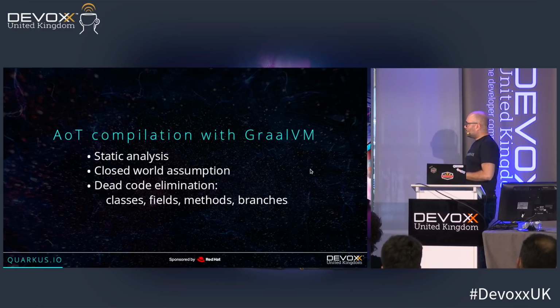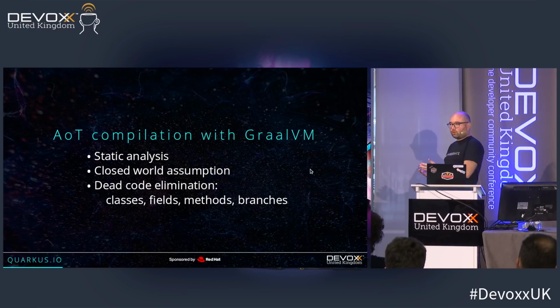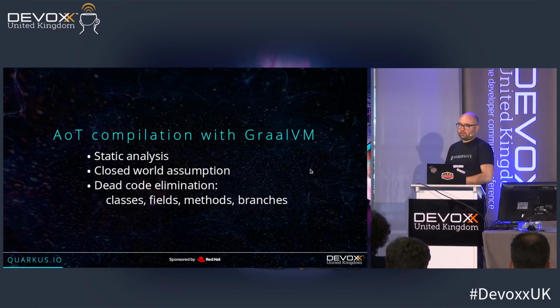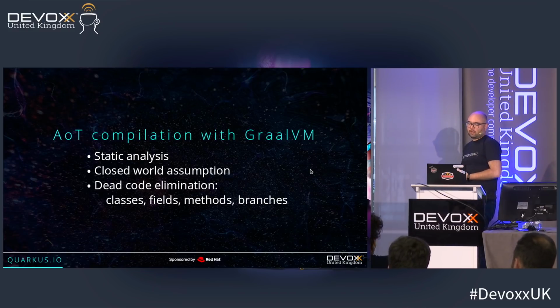And of course, this is based on the assumption that all the code that you're feeding to the compiler is all the code. You're not going to load anything dynamically later, because how can it safely remove all these other components that it has proven you're not using if then suddenly a new class materializes which might need some of these modules that you actually stripped out from the binary?